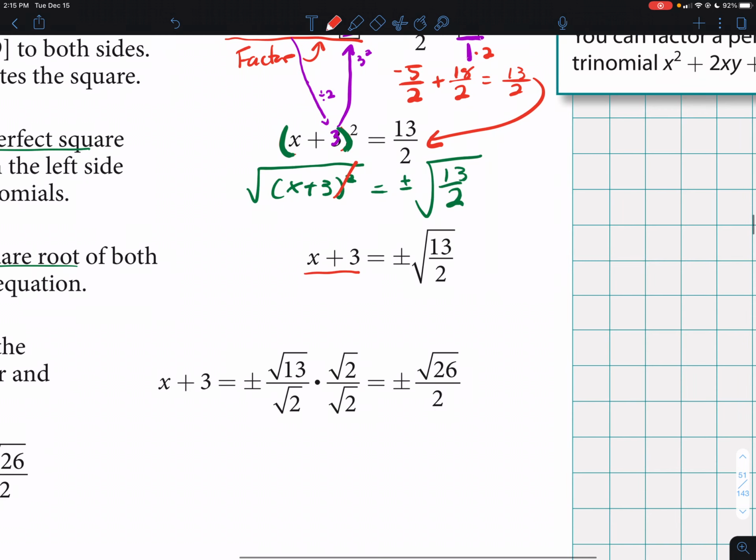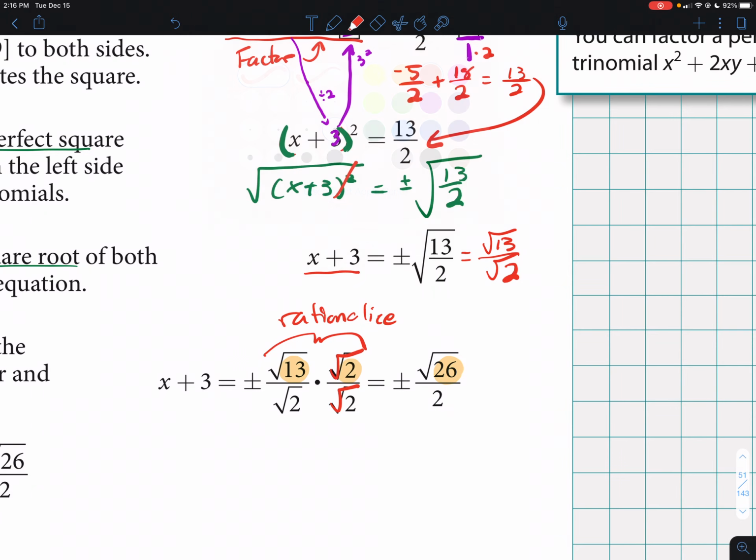And now we can just solve this. We need to simplify this. We have the square root of 13 over the square root of 2, which they have here. And notice how they rationalize the denominator by doing square root of 2 on top and bottom. 13 times 2 is 26.